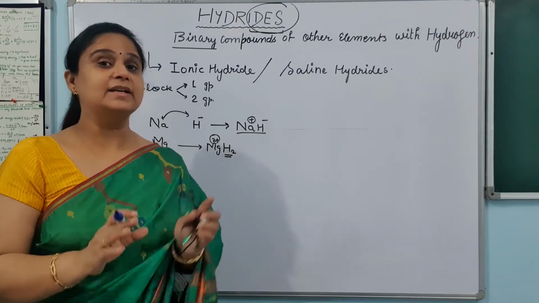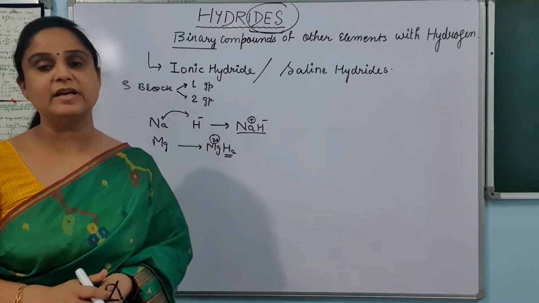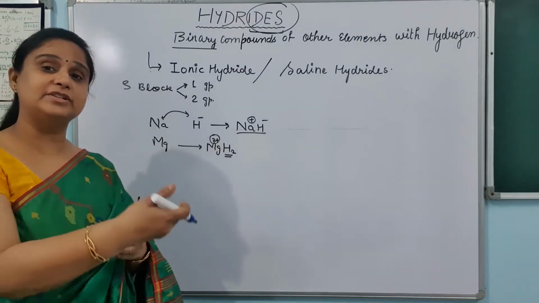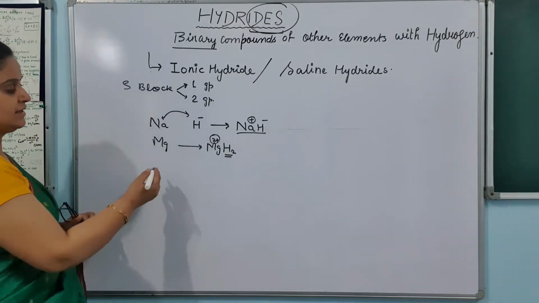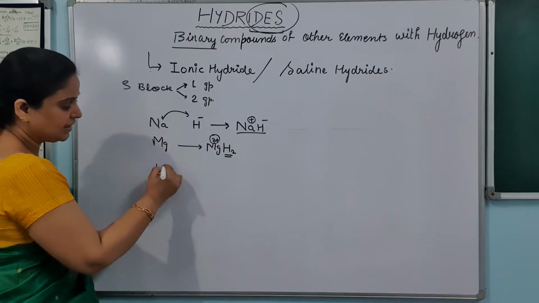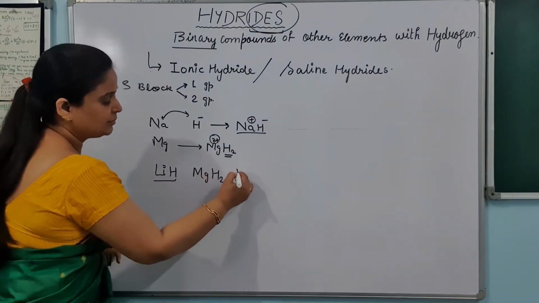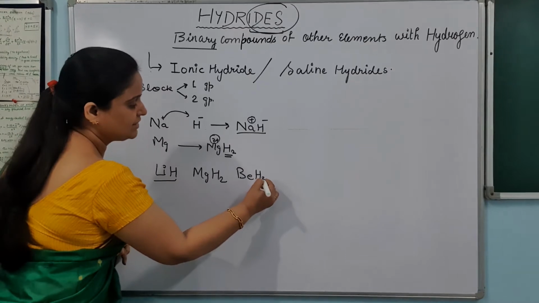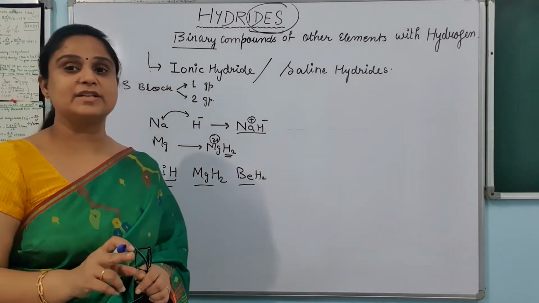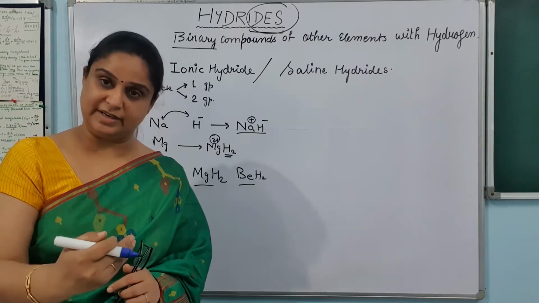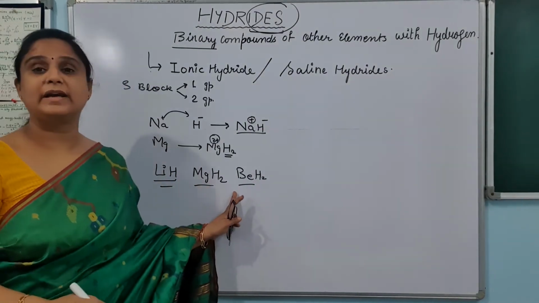These types of hydrides are ionic in nature. We categorize them as ionic hydrides because complete transfer of electron takes place here. But there are a few exceptions: lithium hydride, magnesium hydride and beryllium hydride. These elements are very small in size, and because they are small, their ionization enthalpy is very high, which is why they do not form ionic hydrides.